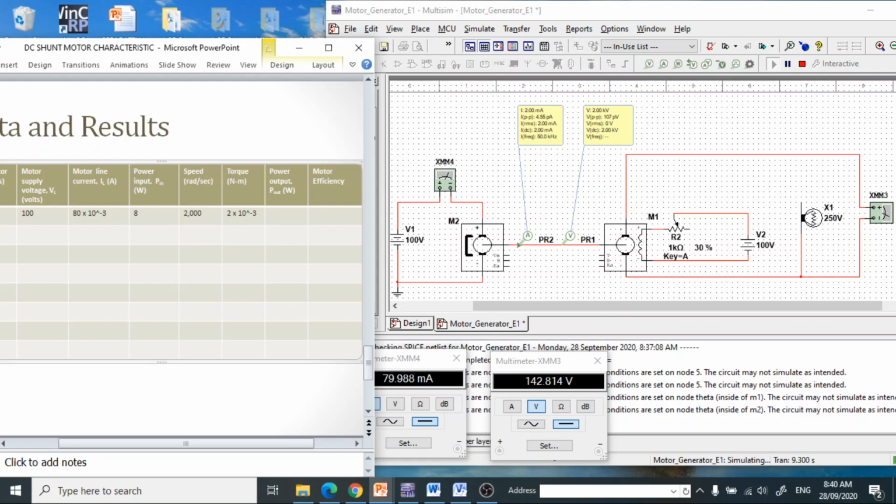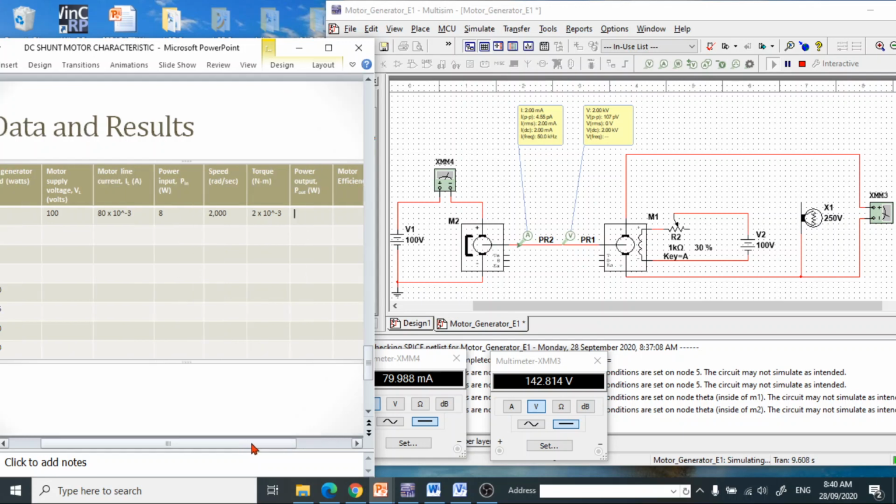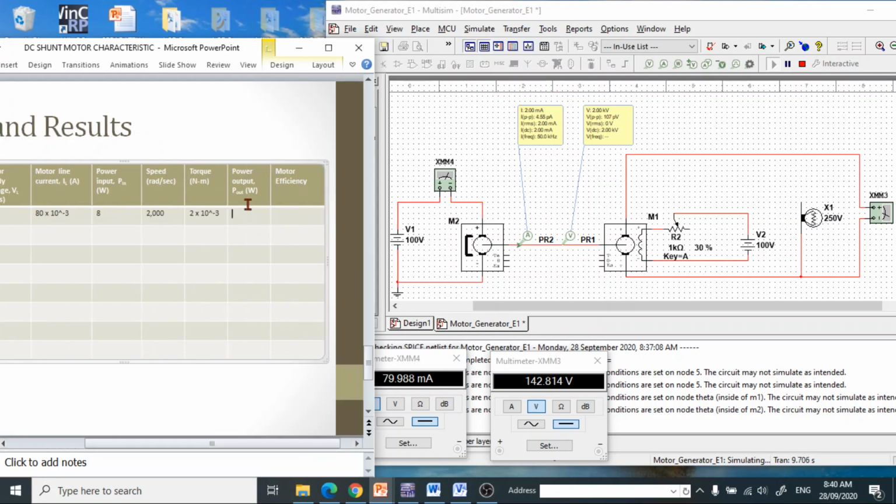To calculate the output, we use the formula 2 pi nT over 60, but you have to convert the speed in radian per second to revolutions per minute. You can do that by multiplying the radian per second by 30 over pi.